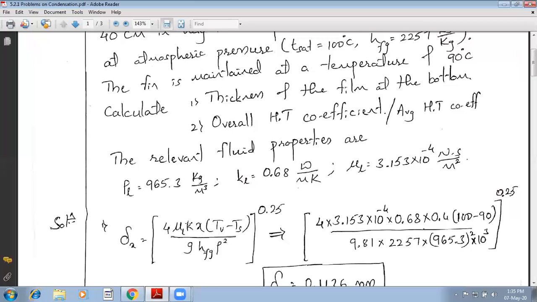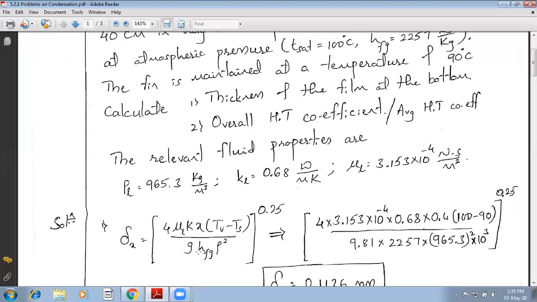Ts is surface temperature. G is acceleration due to gravity, the value is 9.81 meter per second square. HFG is latent heat of vaporization, measured in joules per kg. And rho is density of the fluid, measured in kg per meter cube.